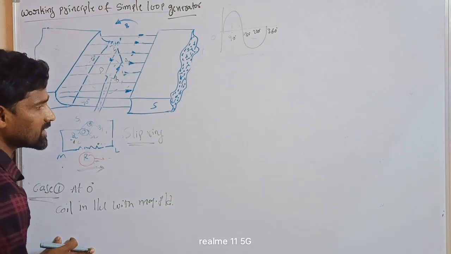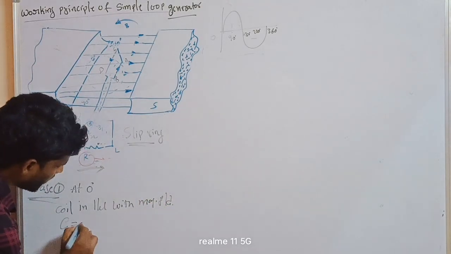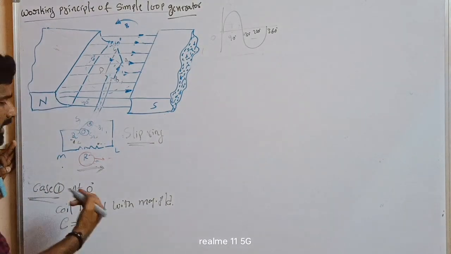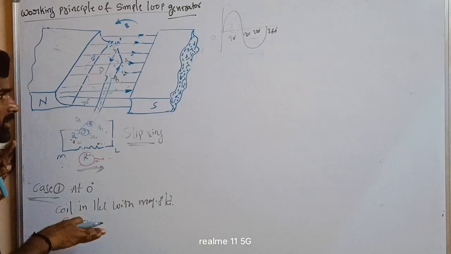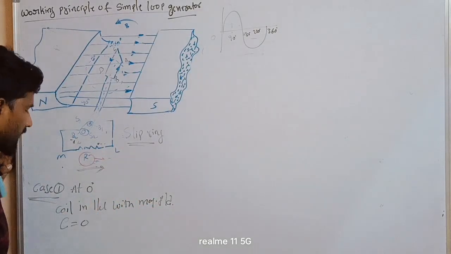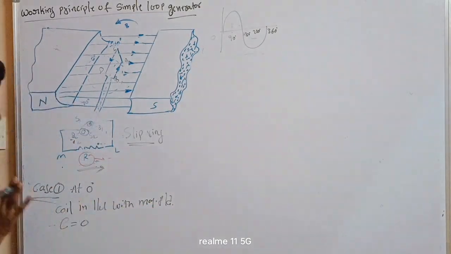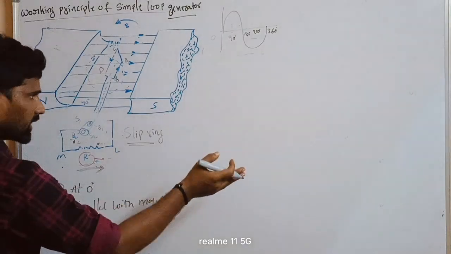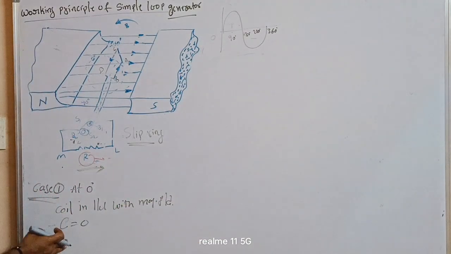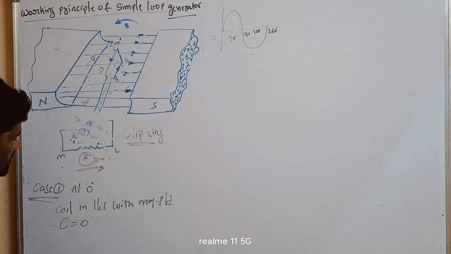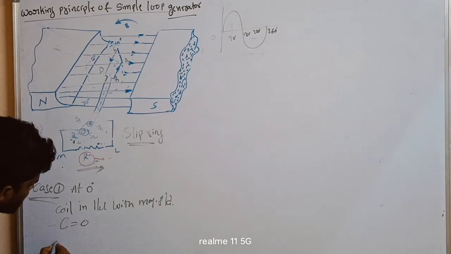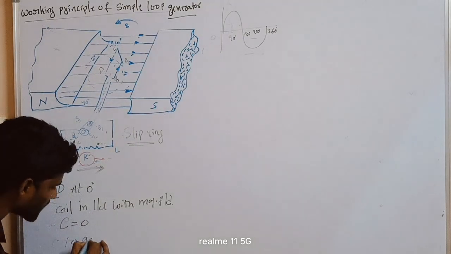In the parallel condition the induced EMF is 0. Why? The change of flux linkages is minimum, and the flux linked with the coil is maximum. So at 0 degrees the induced EMF is 0.